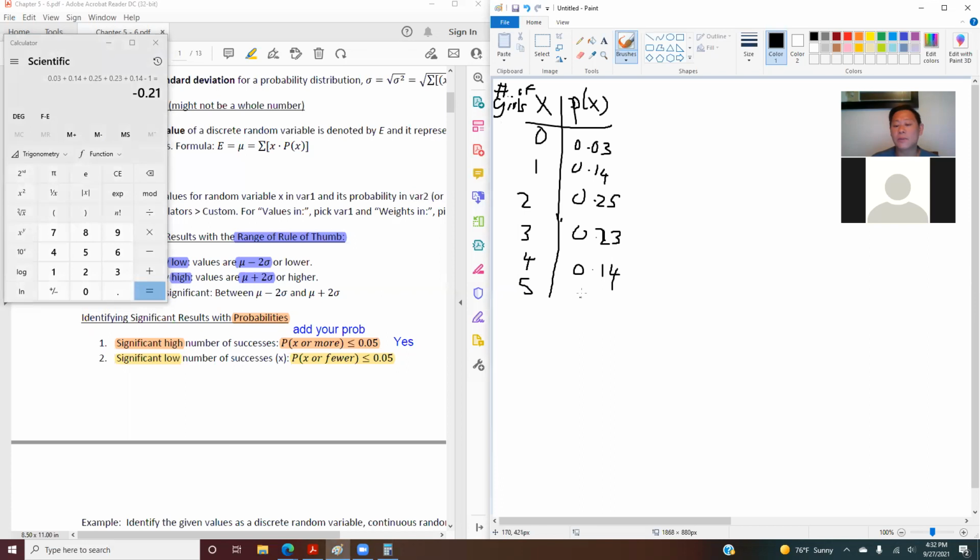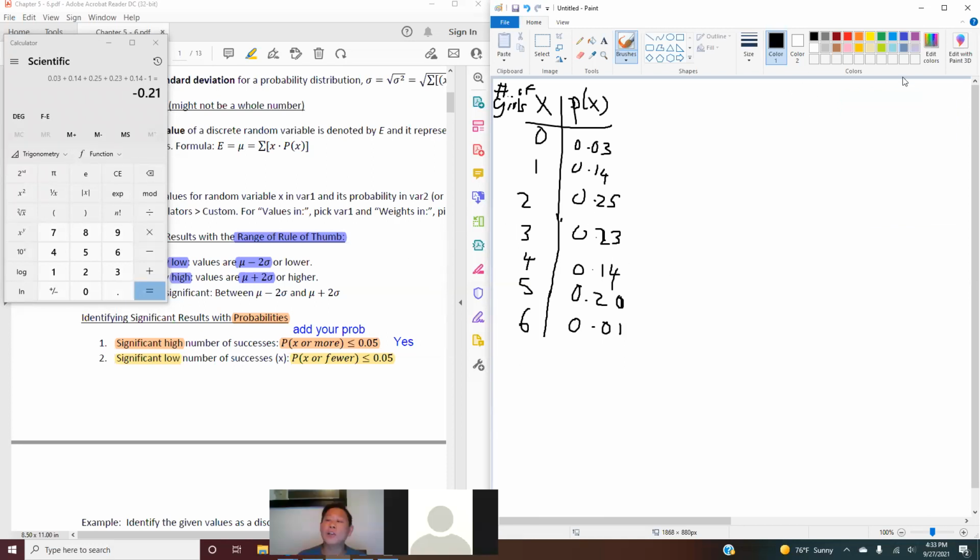Maybe I'll adjust it so it works a little better: 0.20 and 0.01. This is given to you, and the sum in this case is 1.